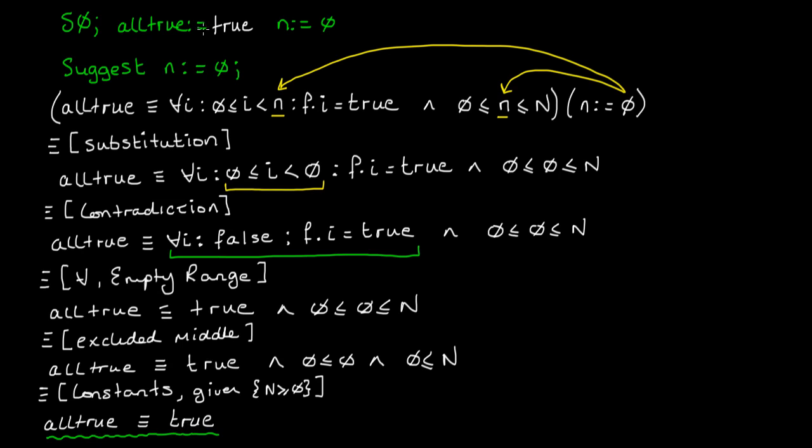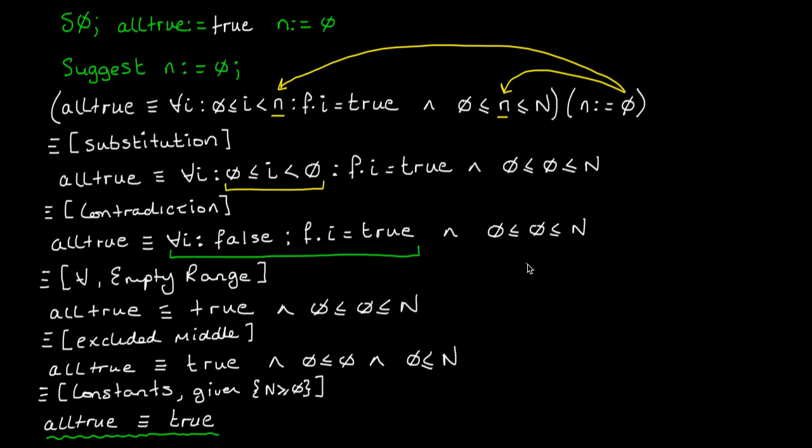Now I could have substituted both of those values in at the same time and I'd just get a result of true. Either way is fine. You could have substituted true in for all true, and as you work down through the derivation you'd end up with true equal to true, which of course would be true, and the outcome would be fine, proving that those initialization values would actually work.